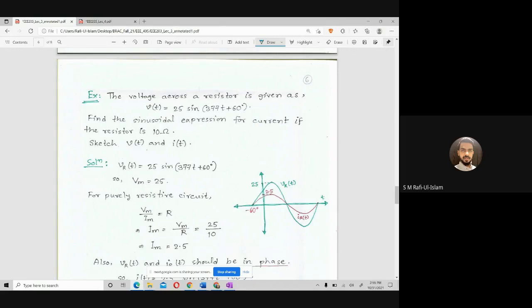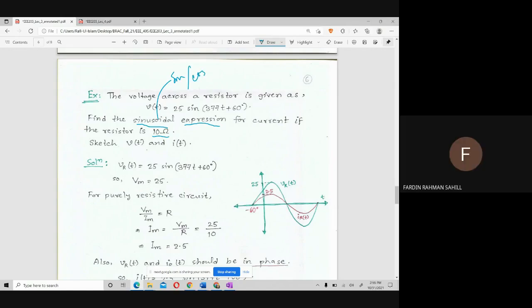So if there is no question, let's get back to a practice problem. The question says the voltage across a resistor is given by an equation. Find the sinusoidal expression for the current if the resistor value is this. Can you tell me what sinusoidal means? Does it mean only sine, or cosine as well? Cosine also.